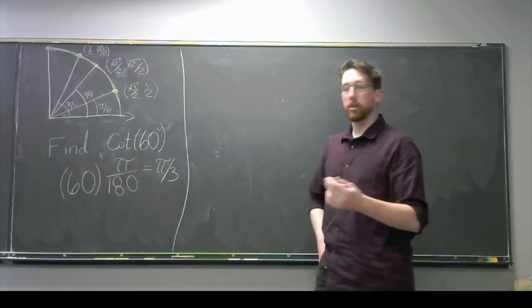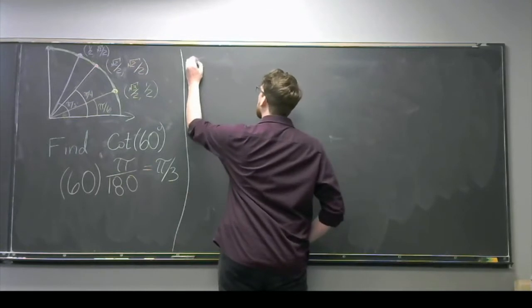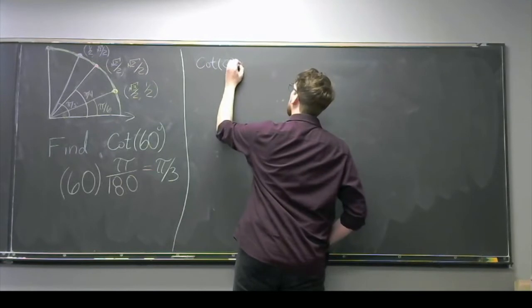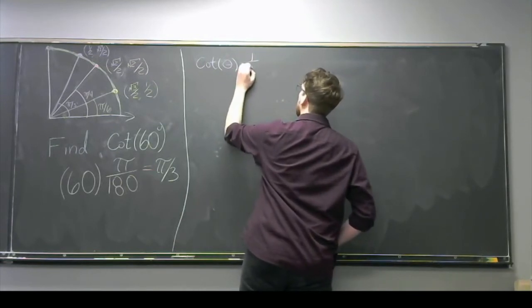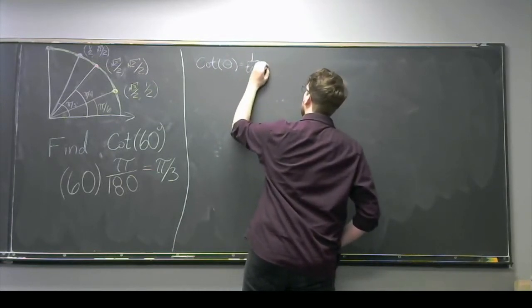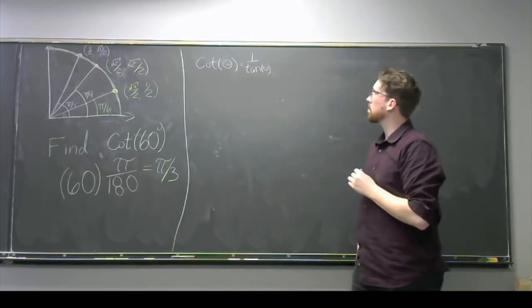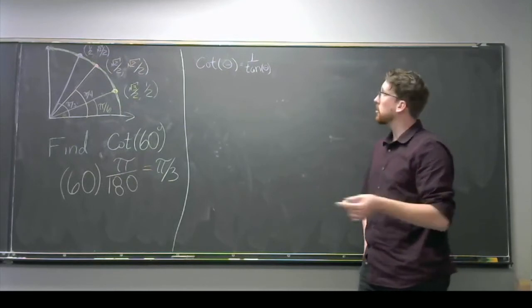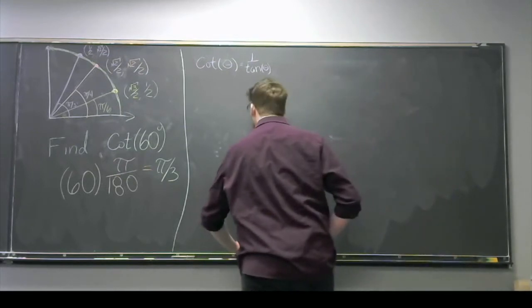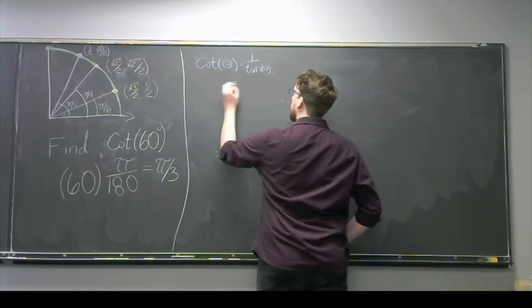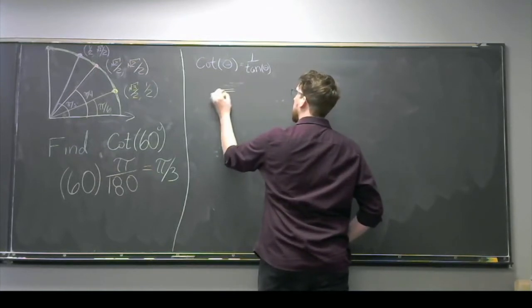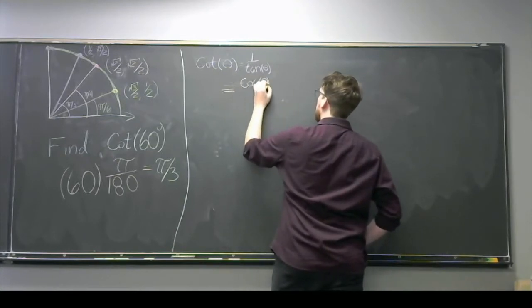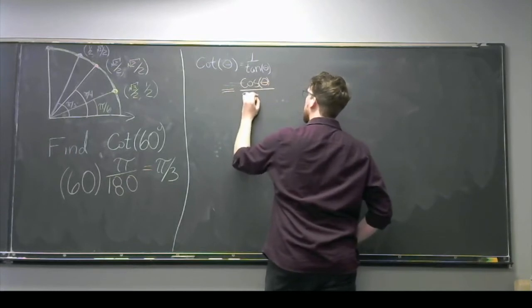Cotangent is 1 over tangent, and tangent is equal to sine over cosine. So cotangent is equal to cosine of our angle over the sine of our angle.